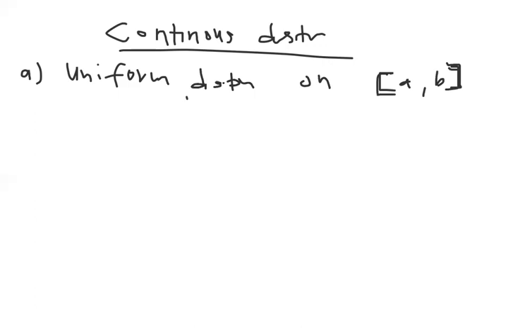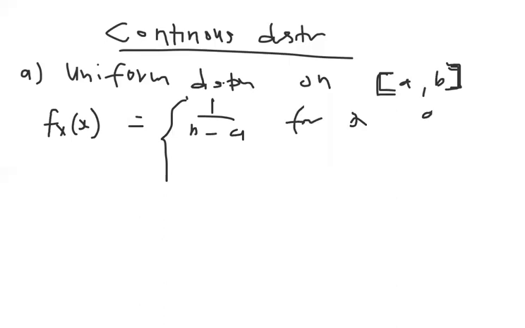So when you have this and you are asked to find the distribution, the mass function, in this case when it's continuous, is called the density function. So f of x is equal to 1 over the upper limit, which is b, minus the lower limit a, for x belonging to [a, b].